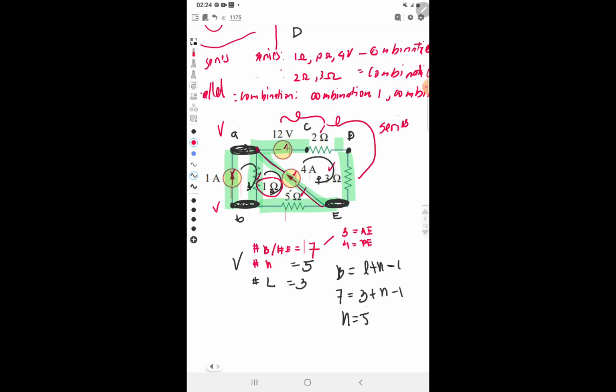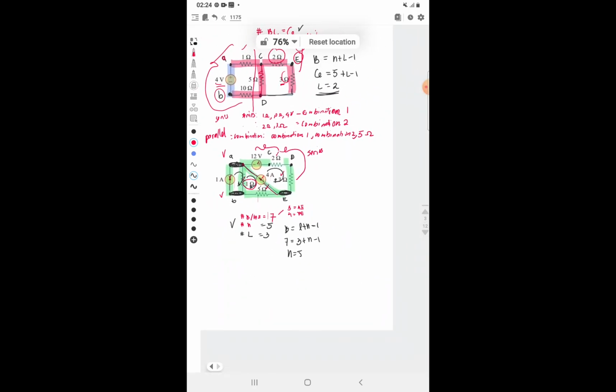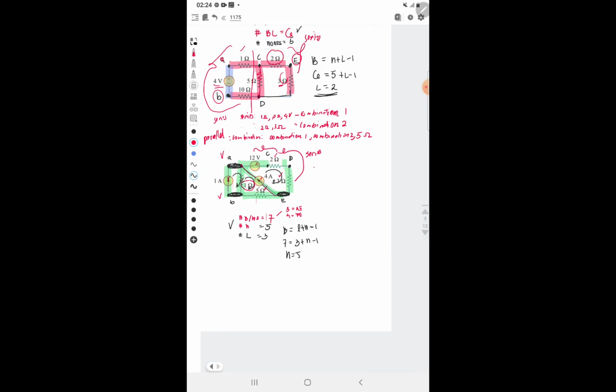Okay, and then yung 5 ohm natin, then of course our 1 ohm which is in parallel with our 1 ampere. So probably we can write this one as this. So we have our 1 ampere, then yung ating 1 ohm, and then ito yung ating 5 ohm, and then we can rewrite this as, eventually, our 4 ampere.